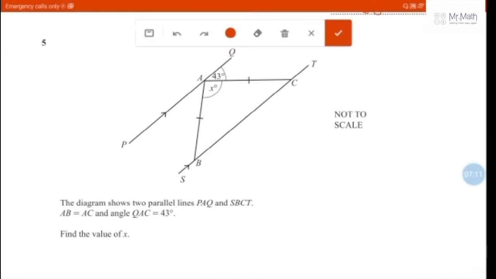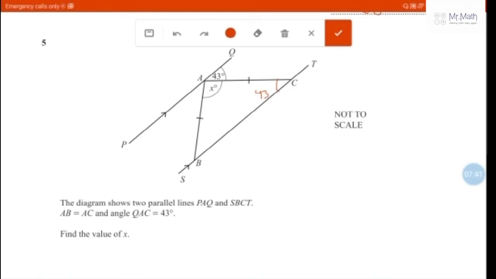Now, since the two lines PAQ and SBCT are parallel, and since QAC is equal to 43 degrees, the angle at C over here is equal to 43 degrees as well, because they are both alternate angles.